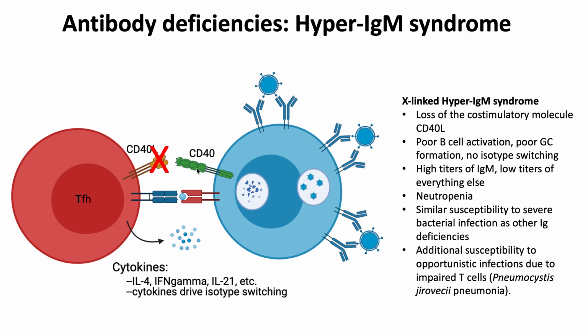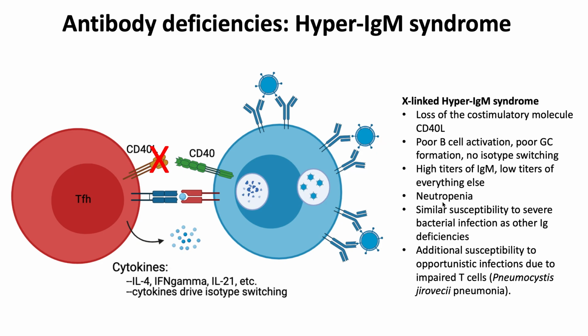CD40 ligand binds to CD40 on B cells and induces the formation of germinal centers and isotype class switching. The loss of this molecule means no germinal center and no isotype class switching, meaning that whereas B cells can get activated, they're only going to be making lots and lots of IgM. They're unable to make other isotypes like IgG.